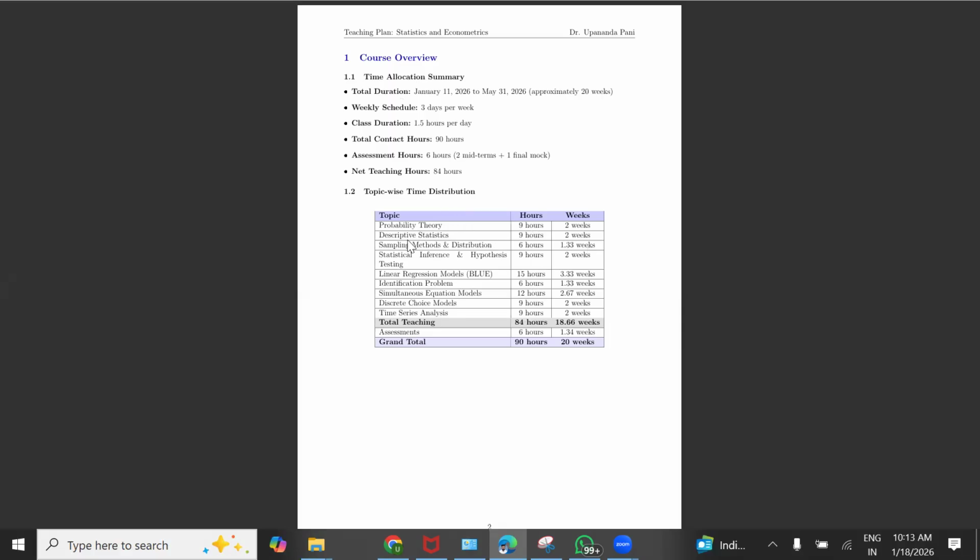You can see probability theory, descriptive statistics, sampling methods and distribution, statistical inference and hypothesis testing, linear regression model, identification problem, simultaneous equation model, discrete choice model, time series analysis. Completely we'll be doing it weekly, 3 days per week starting from today.